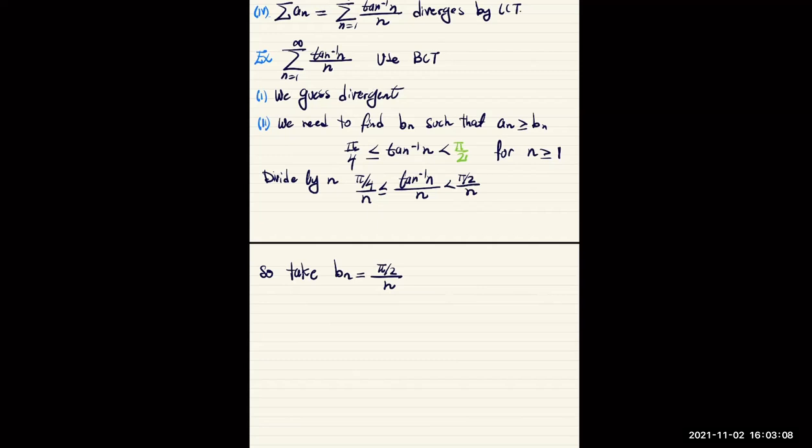Is that what I wanted? I wanted a sequence b sub n that is smaller than. So it would be pi over 4 over n. Sorry. See, a lot of thinking goes into it.